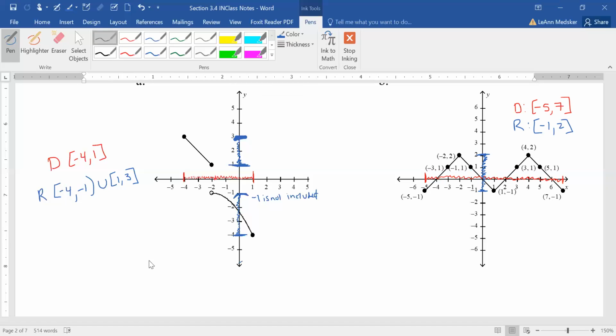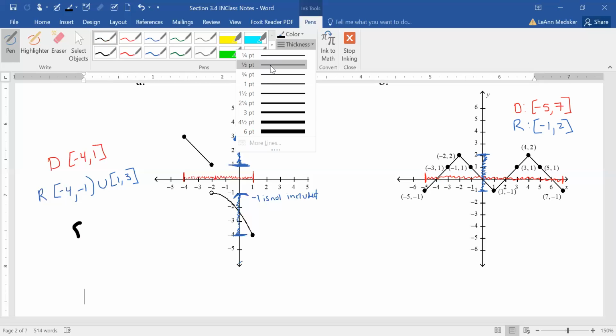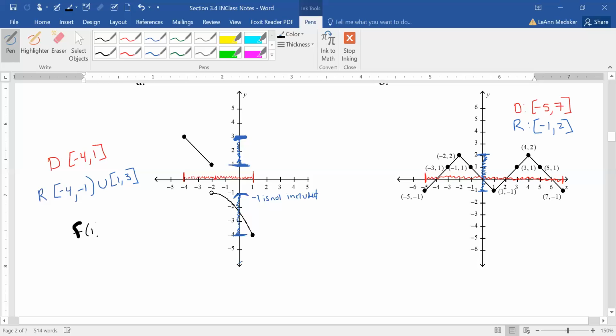Okay, so the second part of this problem was asking you to find f of 1, and what is that related to on the graph? So we'll want to do that for both of these. And then the second question of that was find all x's such that f of x equals 1.